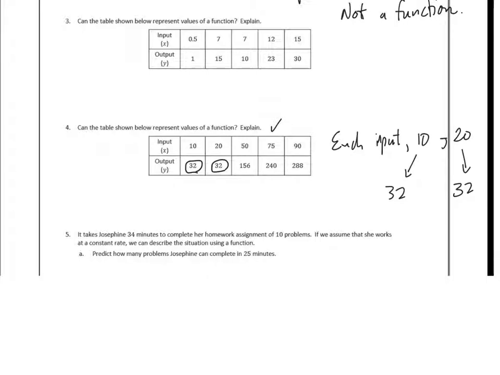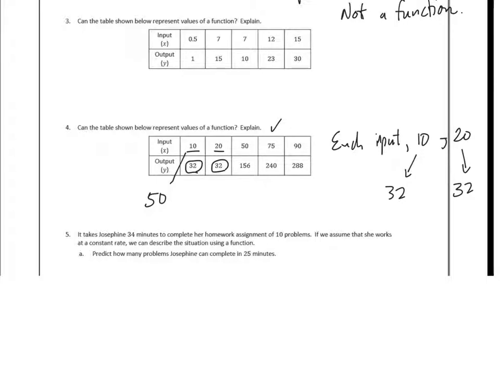For instance, you can't see a 10 somewhere later on this table with a different output, or that would mess things up. By the definition of a function, for every one input you get one output, so you can't get two outputs. Number 4 is a little bit tricky: you can get two outputs that are the same, given that the two inputs are different.